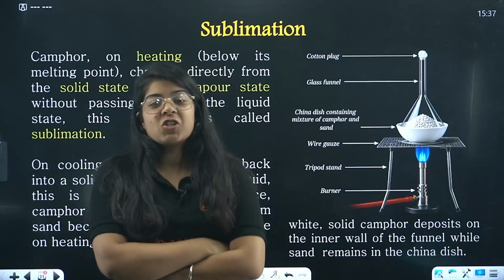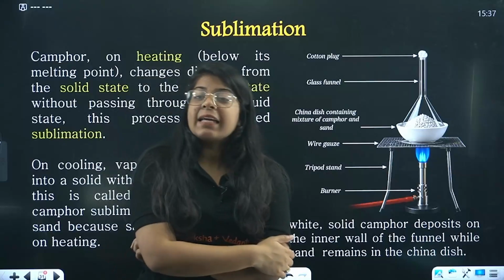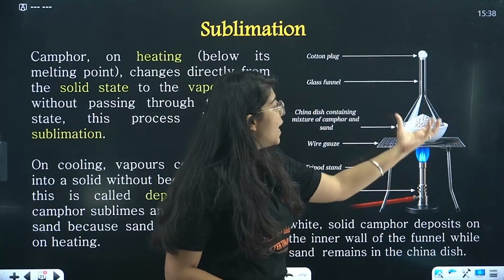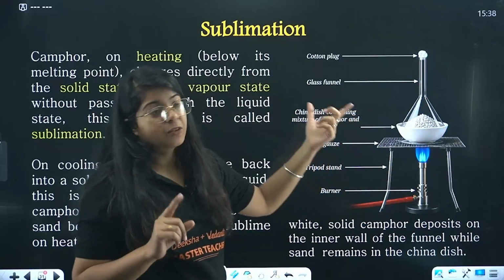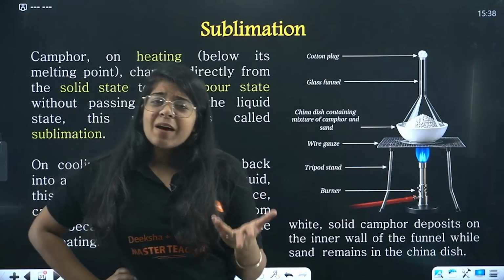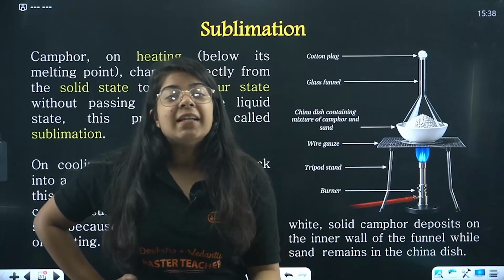Now what is sublimation? You keep that whole powder, sand and camphor mixed, in a conical flask, right? And then you heat it by placing it in an ice bath. Okay, now you are heating it, and what happens? Will sand evaporate? No. But what is the property of naphthalene or camphor? It does not evaporate, it sublimes.